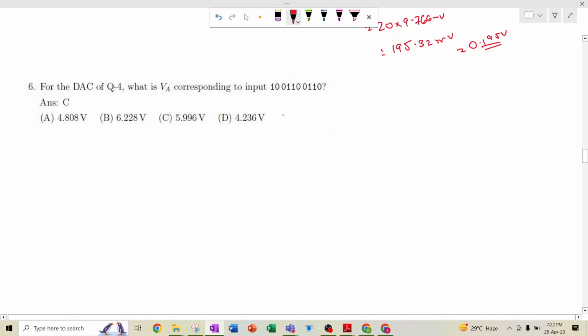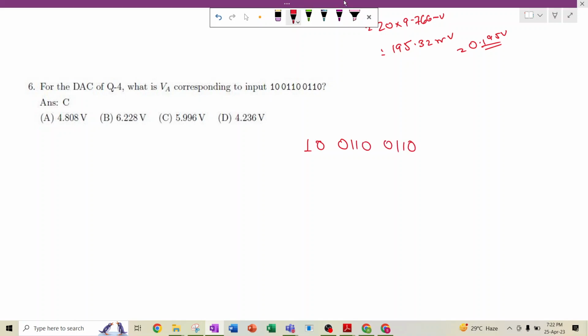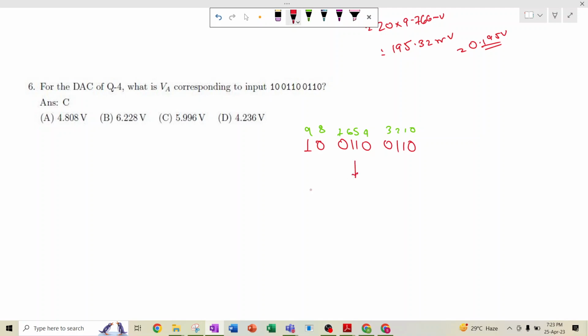Next, for the DAC of question 4, what is VA corresponding to this input? It is the same thing. We have 1 0 0 1 1 0 0 1 1 0, with bit positions 0 to 9. Converting to decimal, it is 1 into 2 to the power 9 plus 1 into 2 to the power 6 plus 1 into 2 to the power 5 plus 1 into 2 square plus 1 into 2 to the power 1.